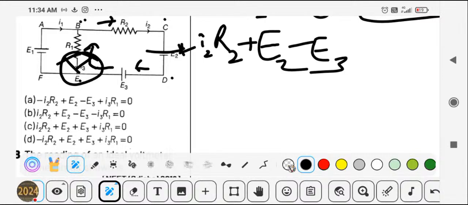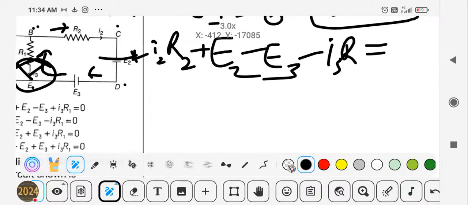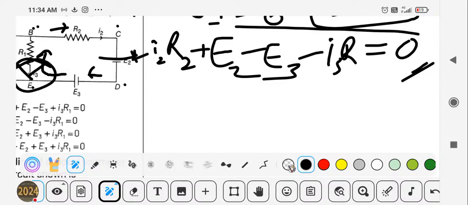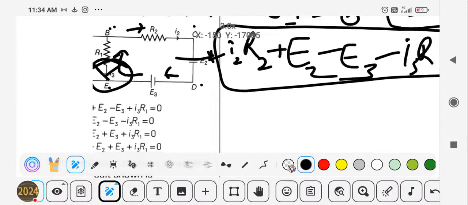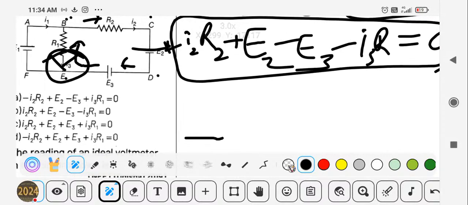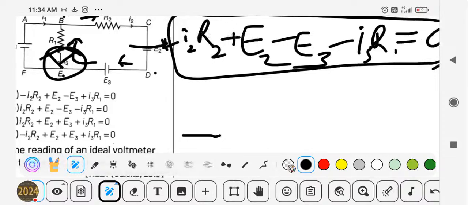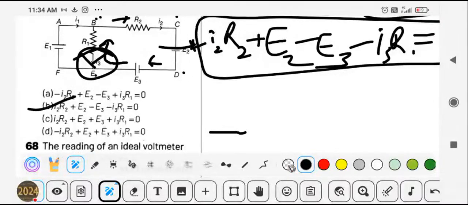If it is opposite to the direction of the current, then the resistance is going to be negative. So you can write this as minus I3 into R1. So all are equal to 0. Then what equation holds good for this? I think it's option B. Just check it: I2 R2 plus E2 minus E1 plus E3 minus I3 R1 is equal to 0. This is correct.